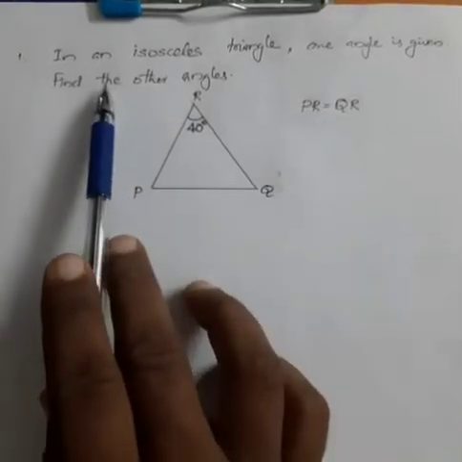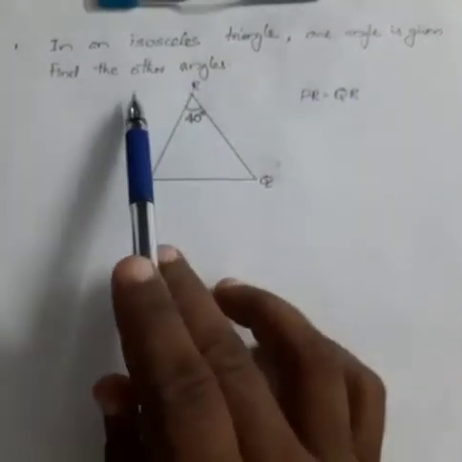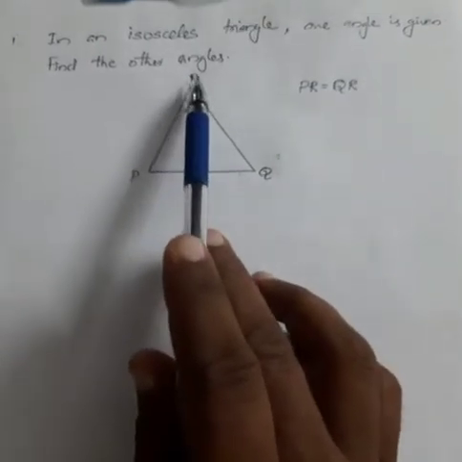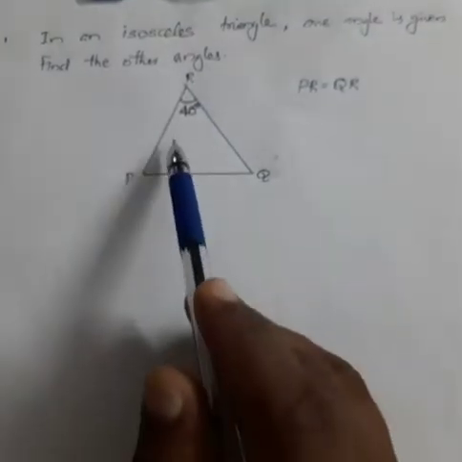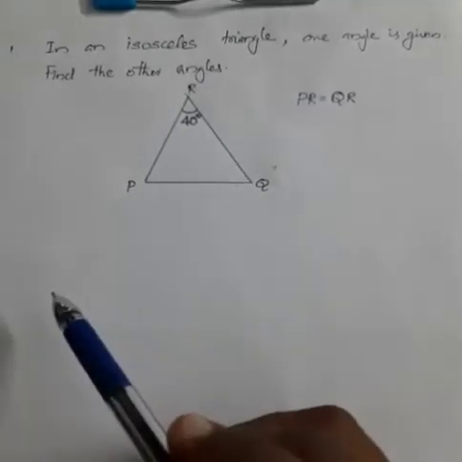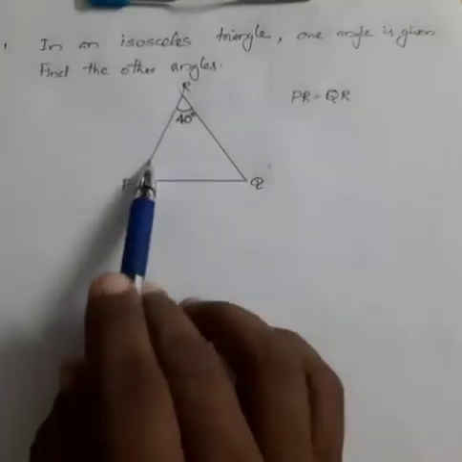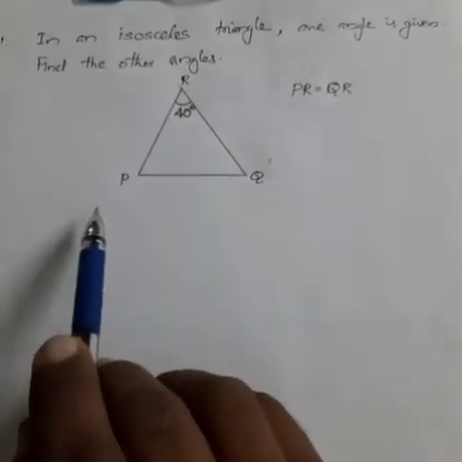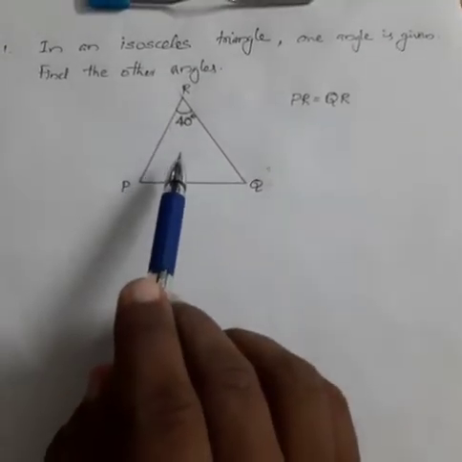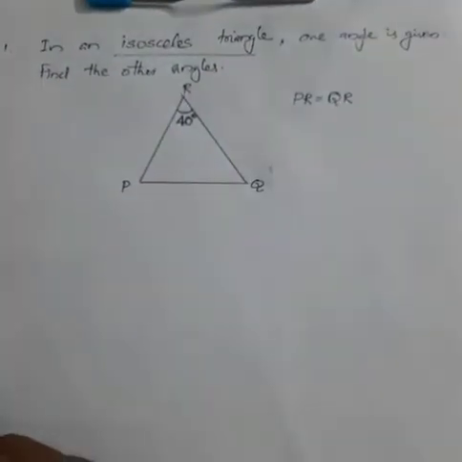See the first question. In an isosceles triangle, one angle is given. Find the other angles. Here 40 degrees is given. You have to find out the other two angles. And you know the sum of angles is always 180. And here a speciality of the triangle is that this is an isosceles triangle.